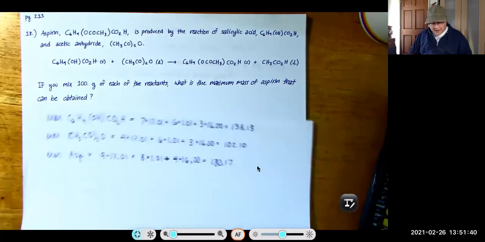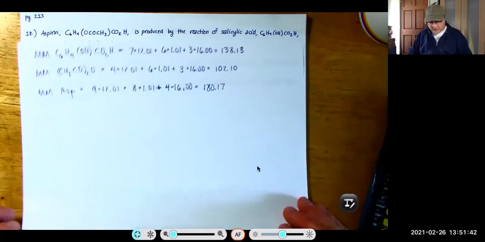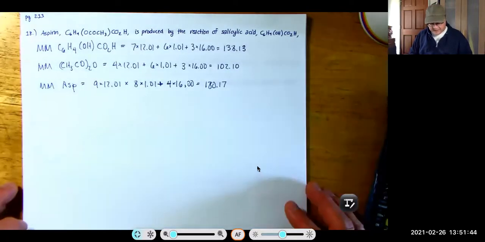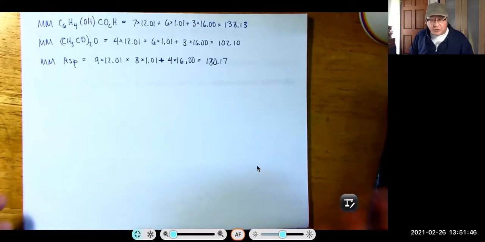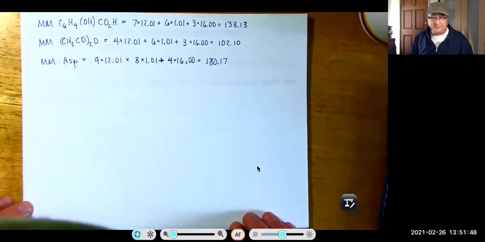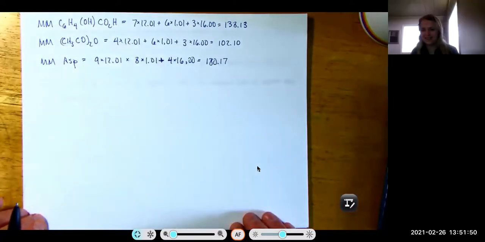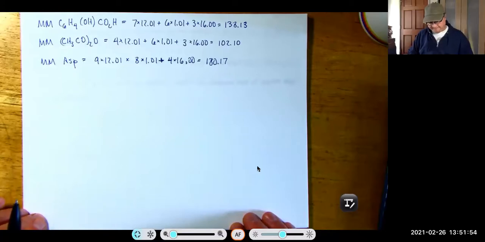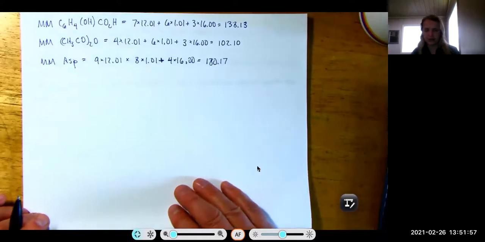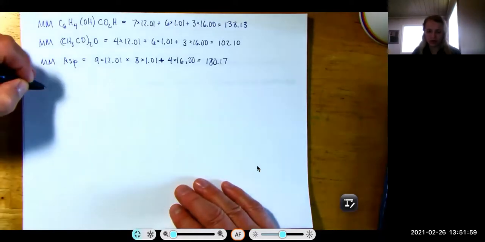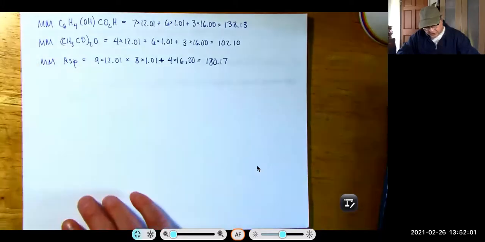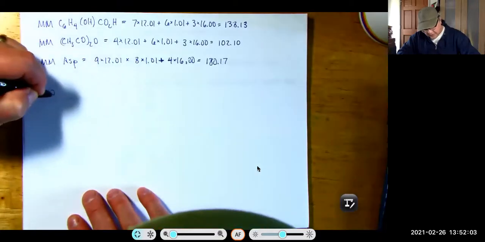If we have 100 grams of each reactant, how much aspirin are we going to make? So the wrong answer is 200 grams. Which way would you like to do this? I think the first way we did it was a little bit easier for me to grasp. Okay, so then we're going to start with 100 grams.